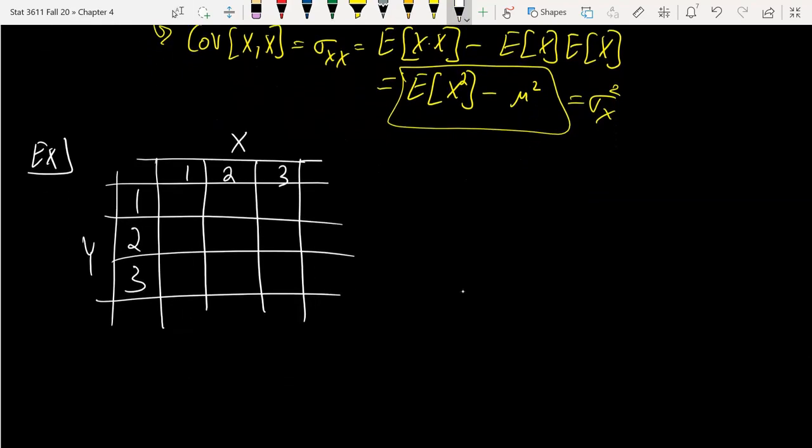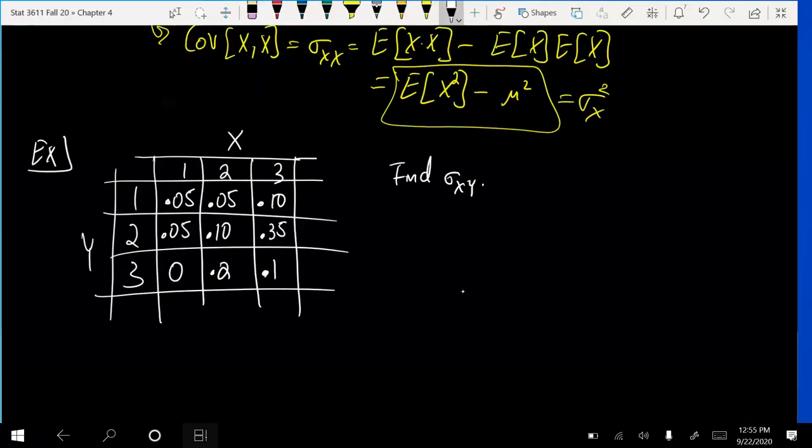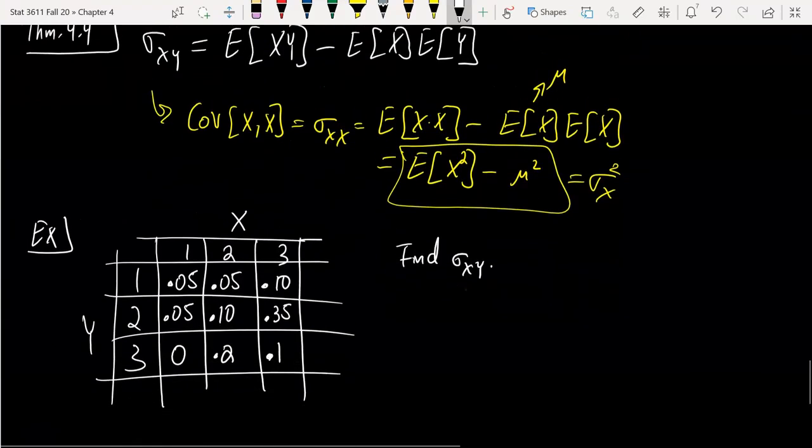And the probabilities inside here are 0.05, 0.05, 0.10, 0.05, 0.10, 0.35, 0, 0.2, and 0.1. Let's find the covariance of x and y.